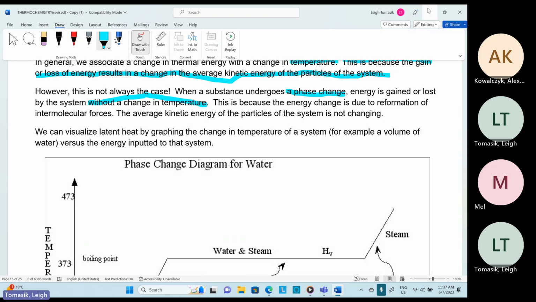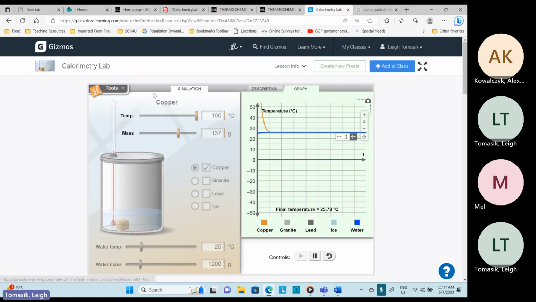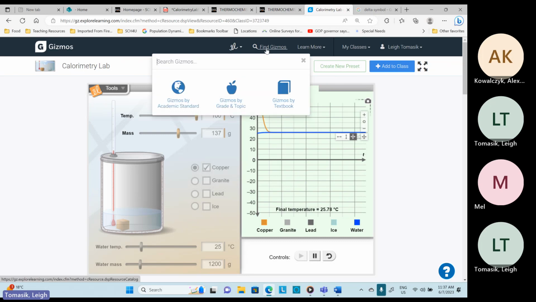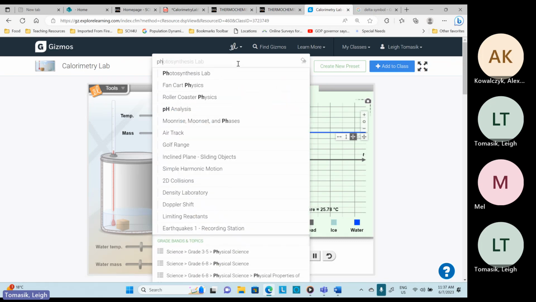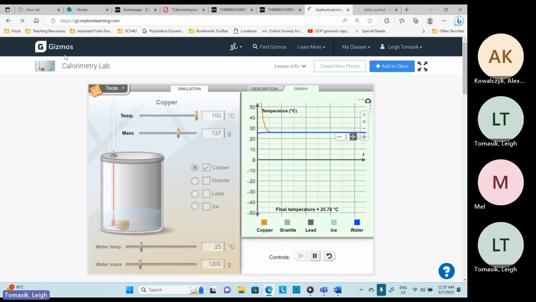we'll take a look at what happens here. There's another gizmo. We're not doing the gizmo, but it looks at what happens. So if I go to gizmos and I look for phase change, I can add this. Is it part of your thing? I don't know. Hold on.